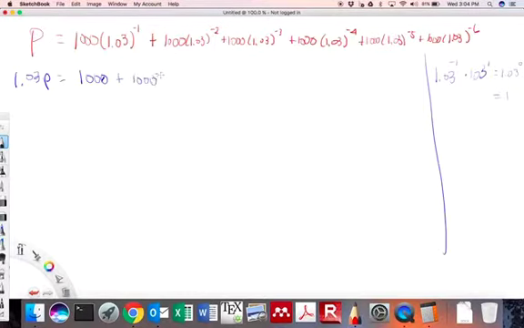Now 1.03, and we have a negative 2 times a positive 1, so that's just going to be a negative 1 here. 1,000 times 1.03 to the negative 2 times 1.03 to the positive 1 is 1.03 to the negative 2 divided by 1.03 to the negative 1, which is 1.03 to the negative 1.